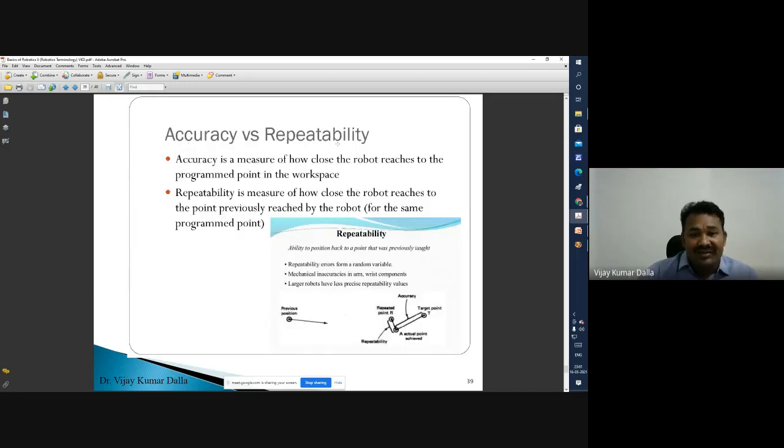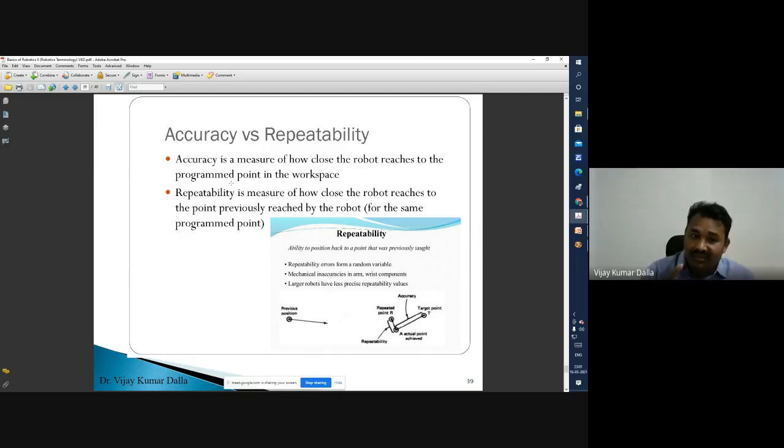Accuracy versus repeatability. Accuracy is a measure of how close the robot reaches to the programmed point in the workspace. Suppose we want to weld at some specific location, whether we are able to accurately weld that specified point or not.